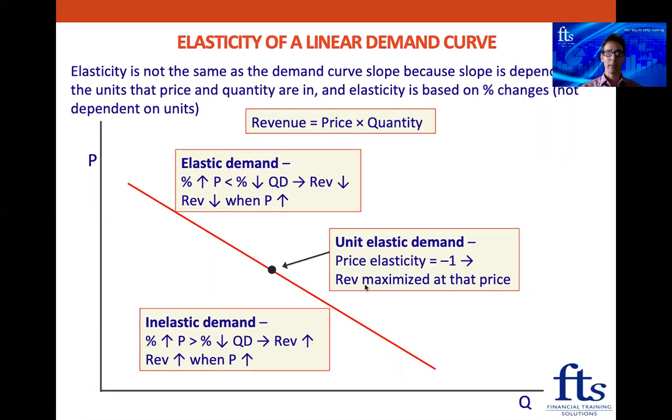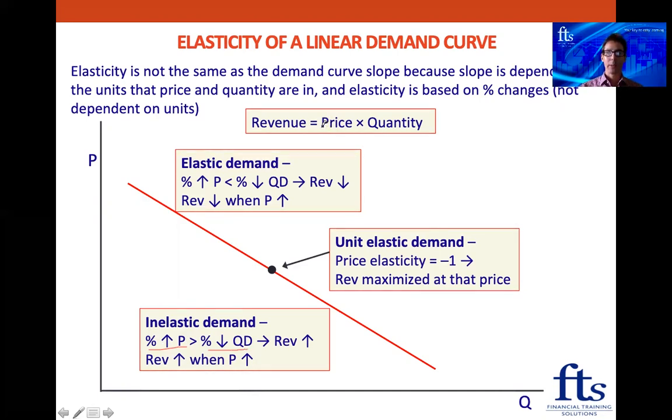So if we look at it down here, with inelastic demand, remember what happens with inelastic demand? The percentage increase in price is greater than the percentage decrease in quantity demanded.